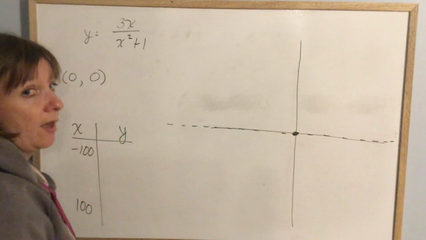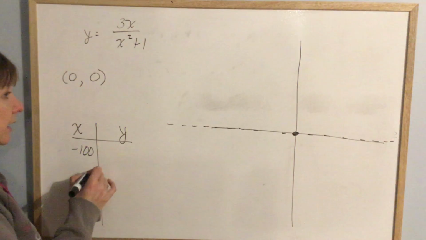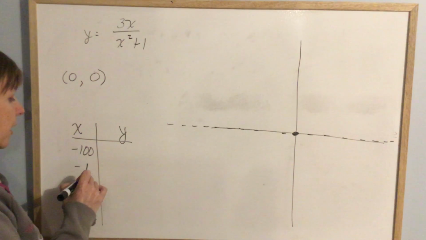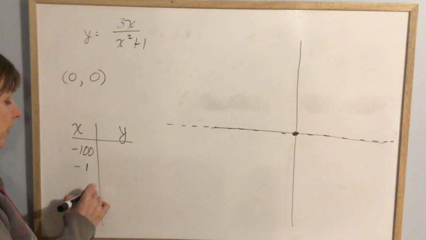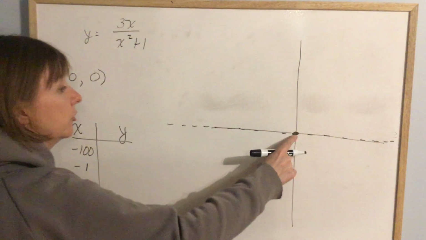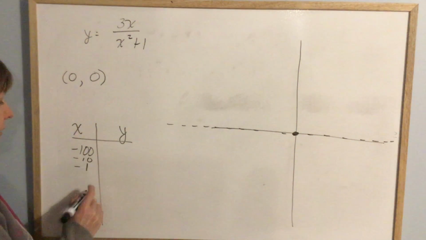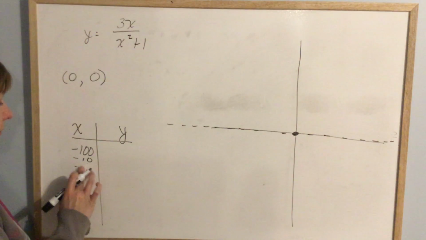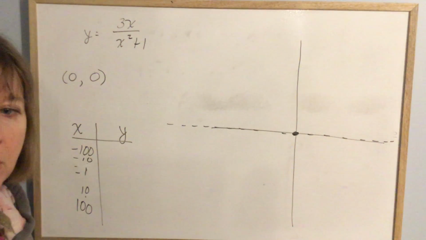We already know what's happening at 0, so let's pick something like negative 1 and positive 1, so something just on either side of this, and maybe negative 10 and positive 10, so just a little bit further on.